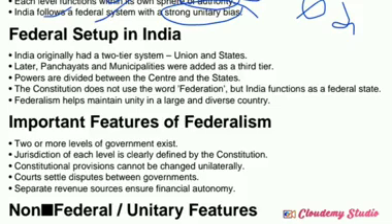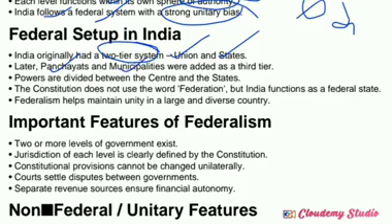India originally had a two-tier system. The two-tier system, as I explained earlier, is the central or union government and the state government. Basically, the basic constitution mentioned only two tiers of governing bodies, the union and the state. Later, by amendments of the constitution, they added the panchayat-level governing bodies and the municipalities.